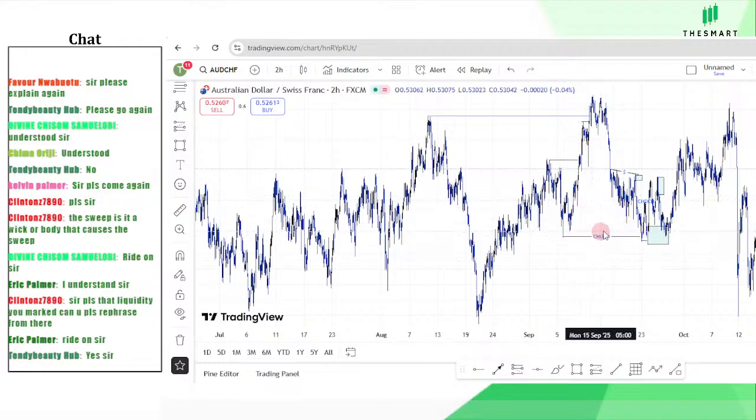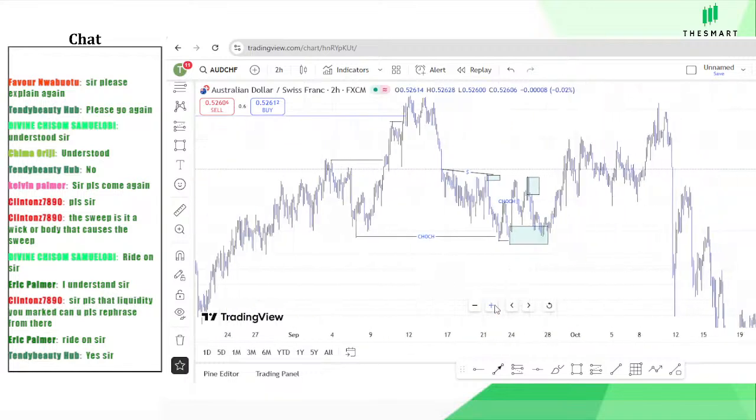We want to see price break below this level first, because if you look overall, this market gave us a break of structure to the upside, taking out this external high, giving us a new high at this point.